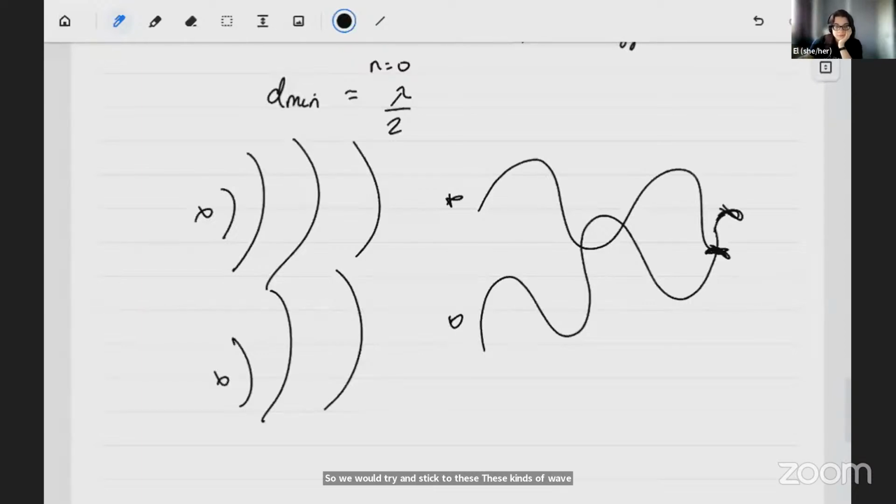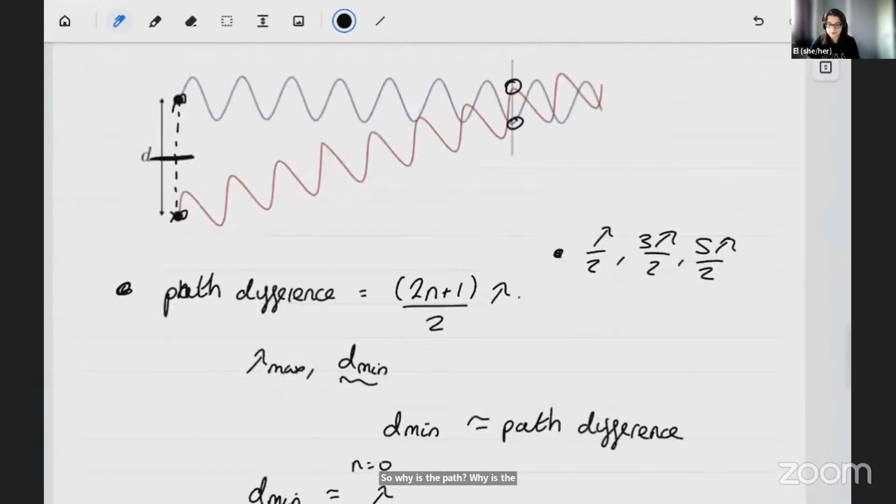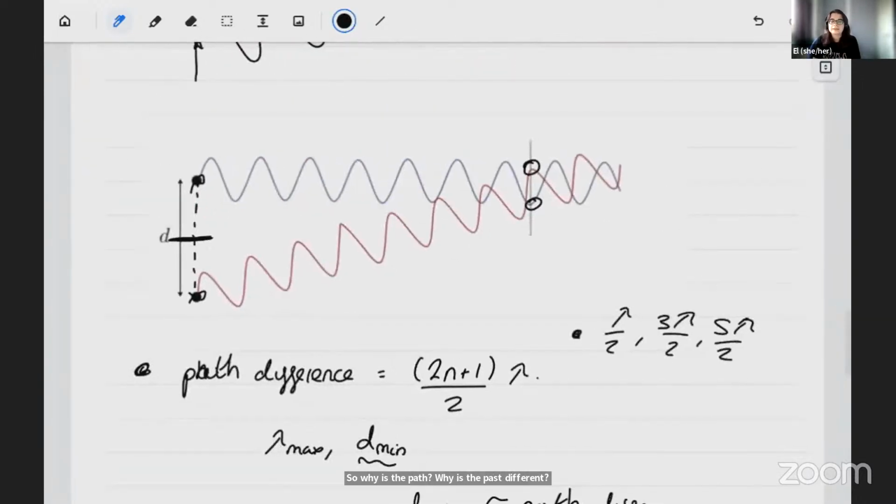So why is the path difference the same as D? Well, they're not the same.